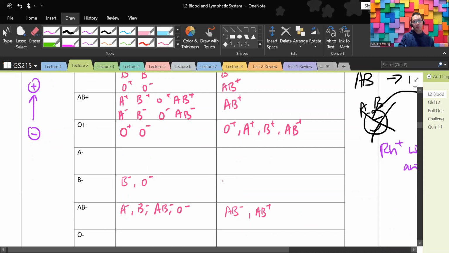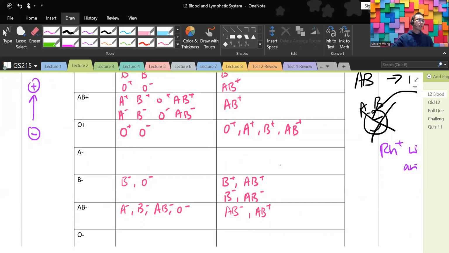You can donate to other Bs or AB. Negative can donate to both positive people as well as negative people. Does that answer your question? Anything else?